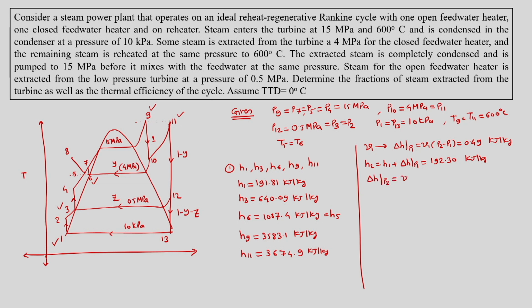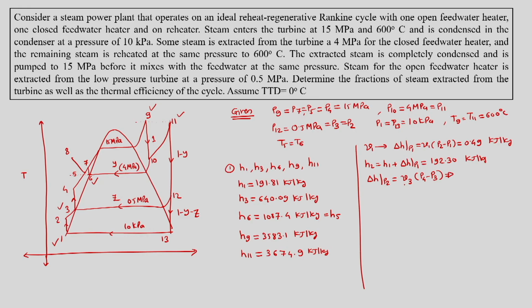Then we can find out what is delta HP2, which is nu 3, specific volume 3, into P4 minus P3, and this gives us 15 megapascal minus 0.5 megapascal, so 500 kilopascal, into specific volume. So, we will get delta HP2.